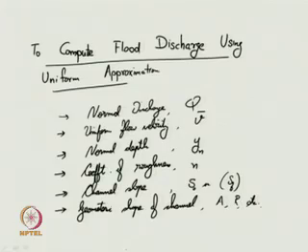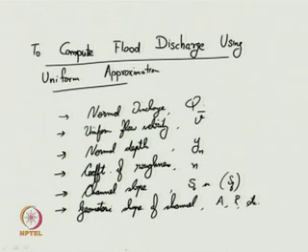For example, if you are given normal depth Yn, coefficient of roughness n, channel slope S naught and the geometric shape of the channel A and R, you can easily compute the uniform flow velocity as well as the normal discharge Q in the channel.